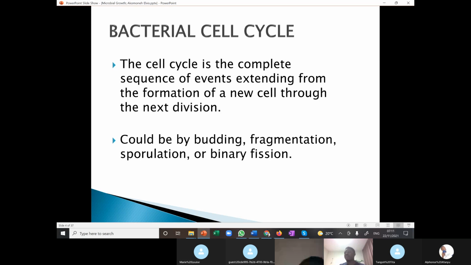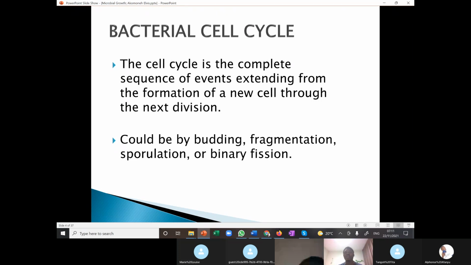I'm sure you must have heard about a cell cycle where you move from the G1 phase to the S phase to the G2 phase and then to the M phase. That is a typical cell cycle in multinucleated eukaryotic organisms.